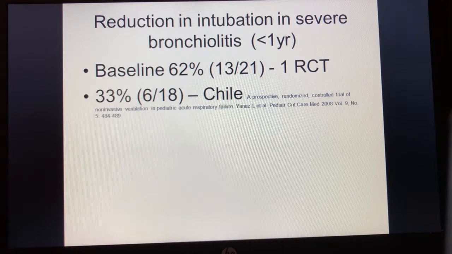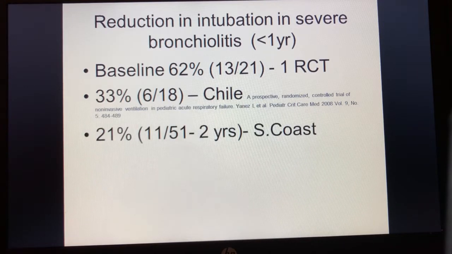So this is our kind of baseline data. It's in very small numbers, but this is all we've got. We'll go through some of this in more detail later.